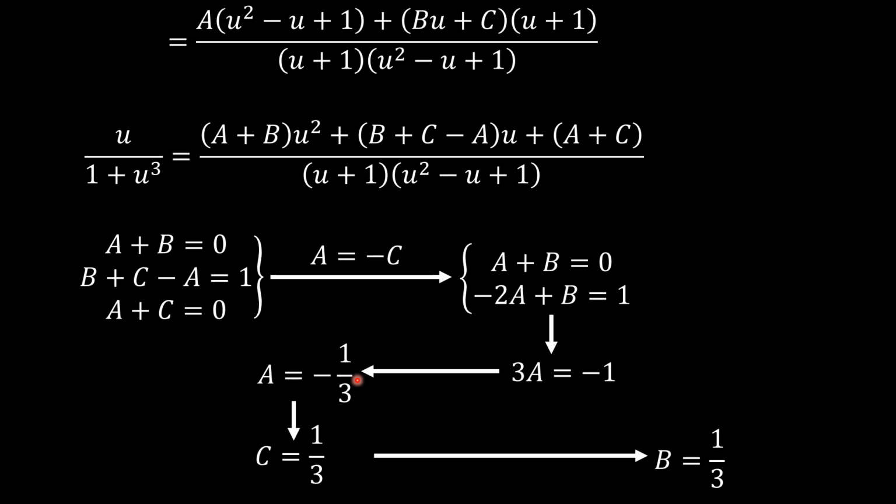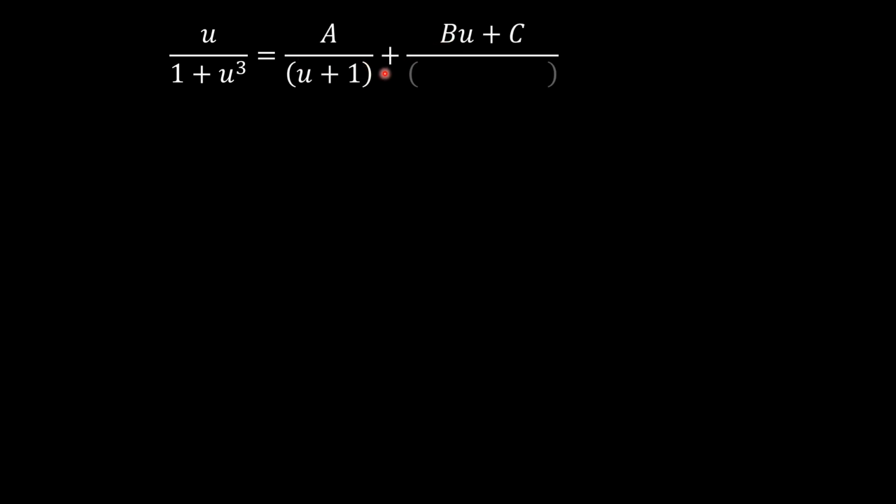Okay. So since our original expression is as shown here, we've deduced that a is negative a third, b is positive a third, and c is positive a third.